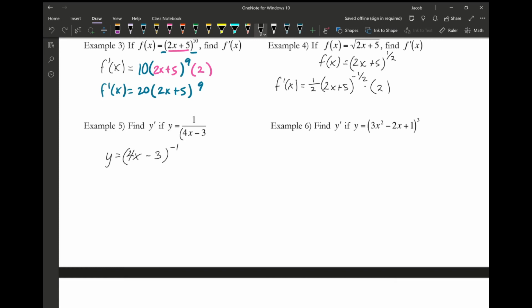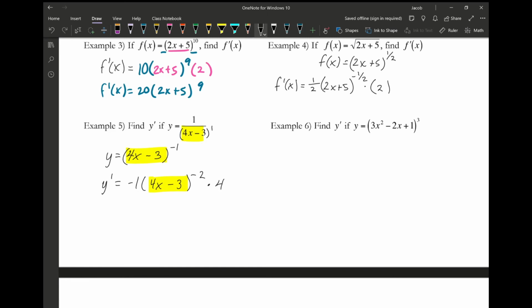Because this group in the denominator has a first power, so we can just write it in the numerator with a negative 1. So that means y prime is equal to negative 1 times 4x minus 3 to the negative 2. So keeping with the power rule derivative, we'll be just reducing the power of negative 1 by 1. And then times the derivative of the inside, which is 4.